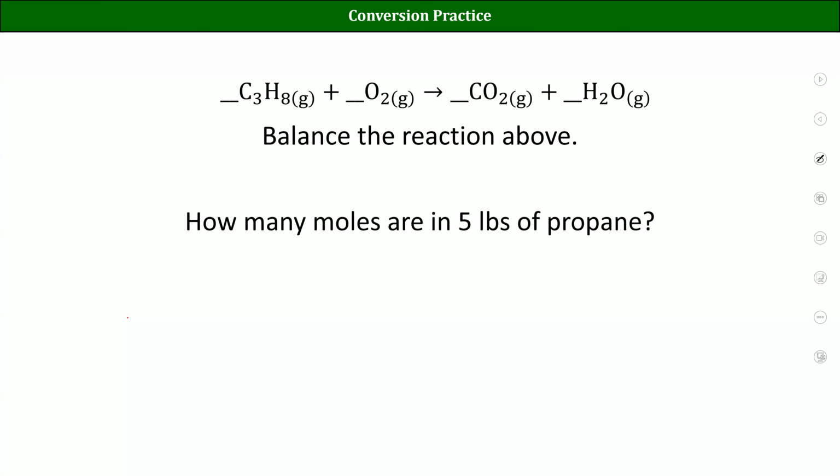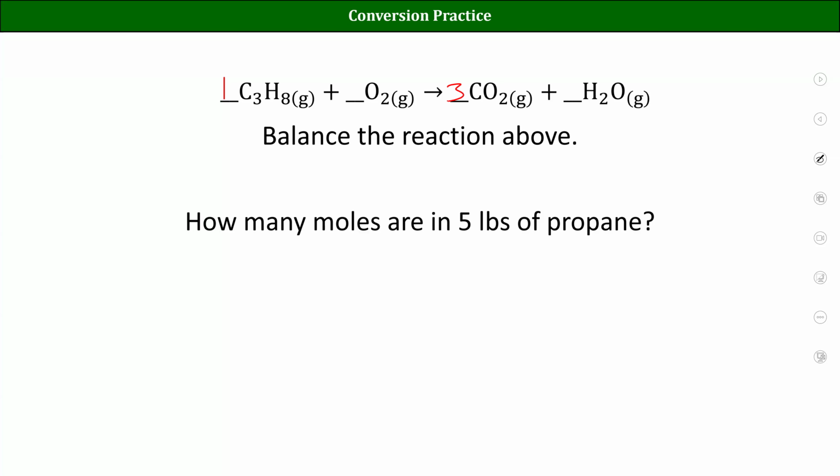We don't know if this first one's gonna be a 1 or a 2, but let's assume it's a 1 for starters. From there, we can get our carbons and our oxygens done, right? 1 propane. You've gotta be able to make 3 CO2s. Carbons are good now, right?